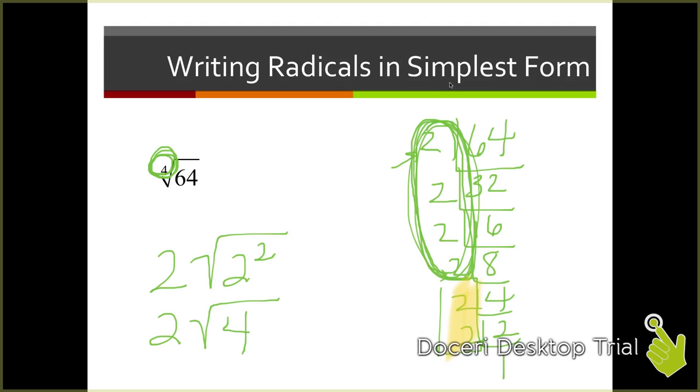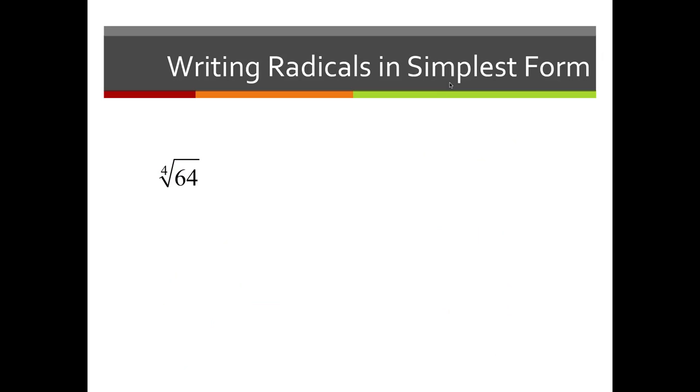And they don't necessarily have to be in order. You just need to be able to group that many of the same prime factor together to take that prime factor and put it out in front. And whatever you can't take out gets left inside.